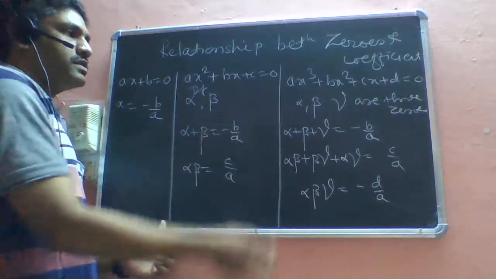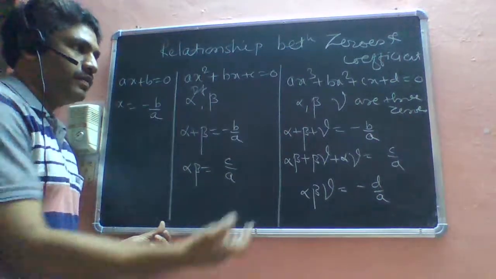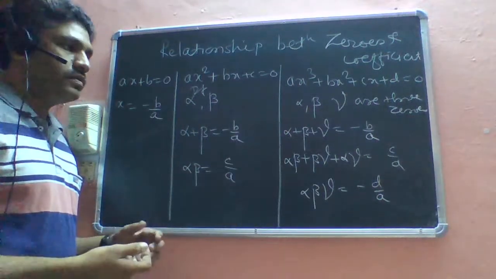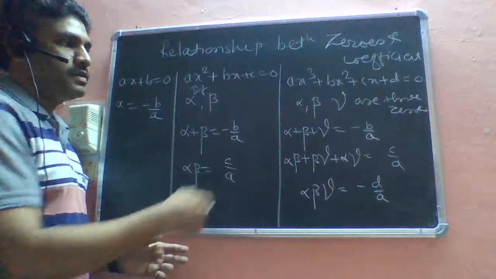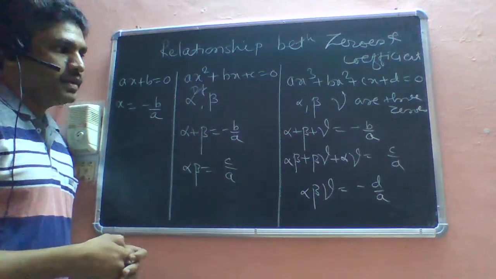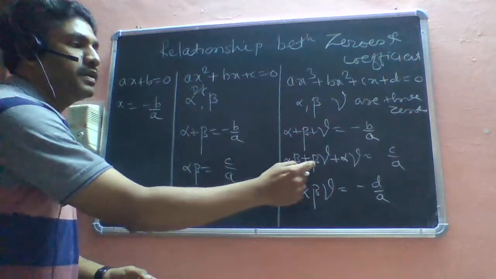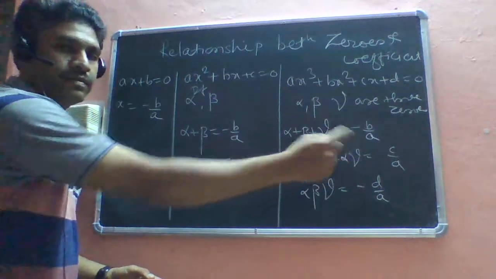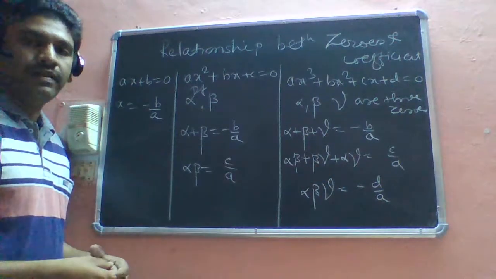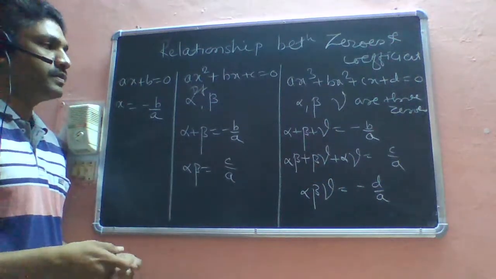In the case of a cubic polynomial, if alpha, beta and gamma are three zeros, then alpha plus beta plus gamma equal to minus b by a, alpha beta plus beta gamma plus alpha gamma equal to c by a, and lastly alpha into beta into gamma equal to minus d by a.